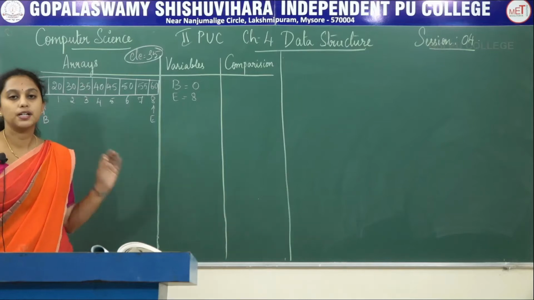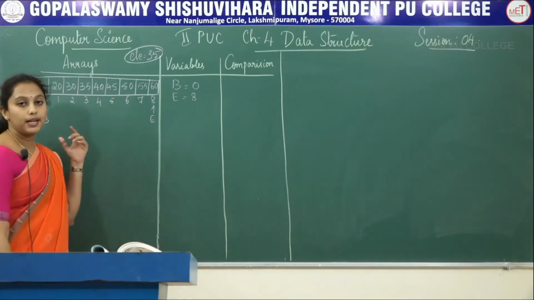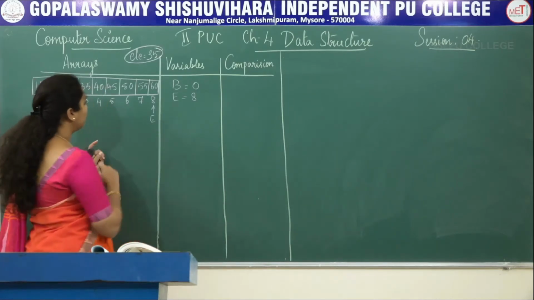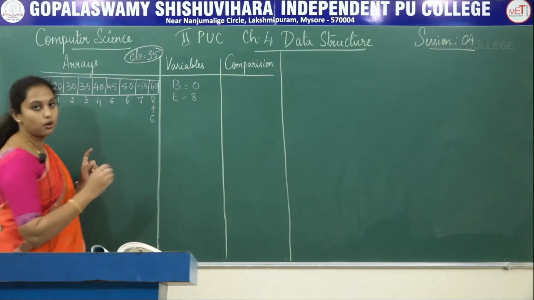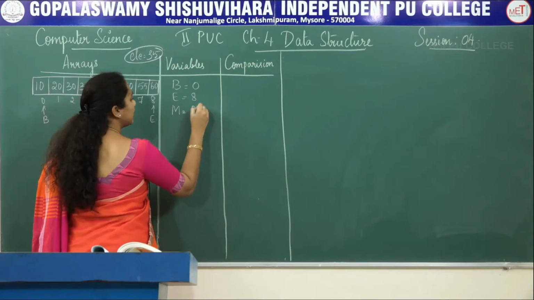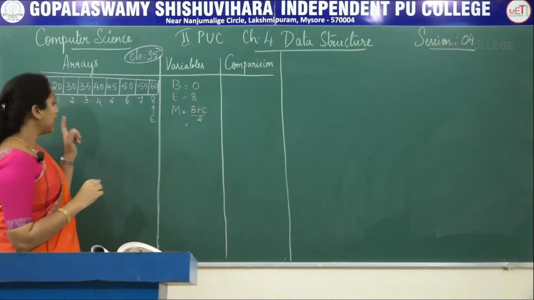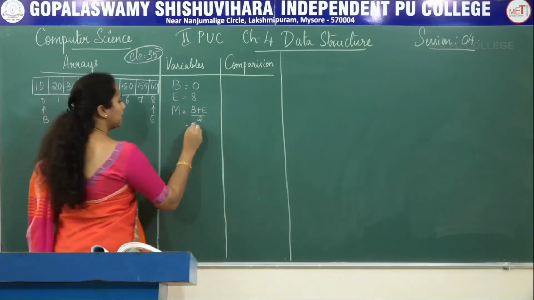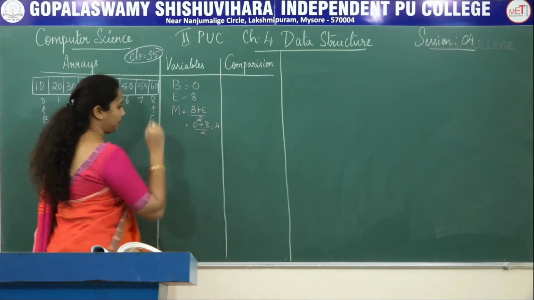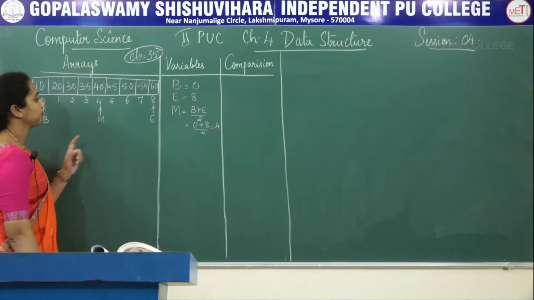While beginning is less than end, we have to find the middle term. Middle term is equal to beginning plus end by 2, which is 0 plus 8 by 2, that is 4. So 4 is our middle element.